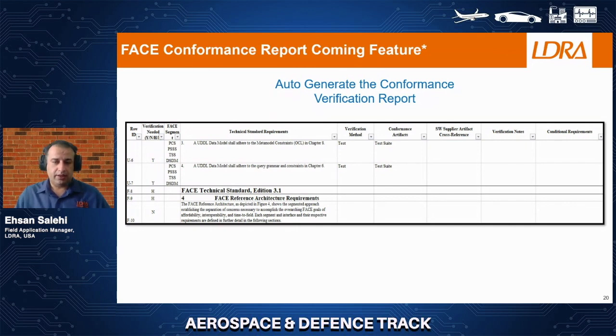A tool such as LDRA again can be used to add all the additional details to the software supplier artifact cross-reference column, which needs to be fulfilled and submitted to the verification authority. Again, a tool such as TP Manager can be used to automatically pass in all of these data and ensure the conformance has been provided.